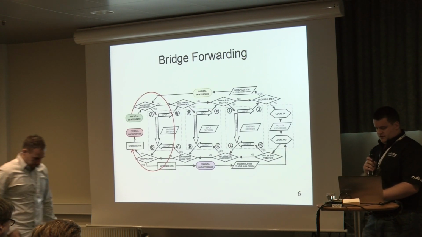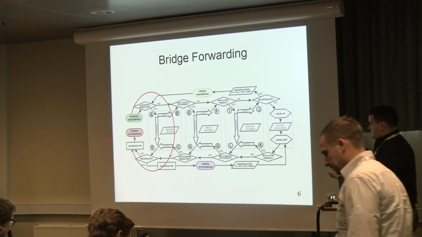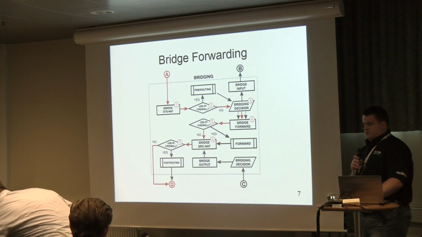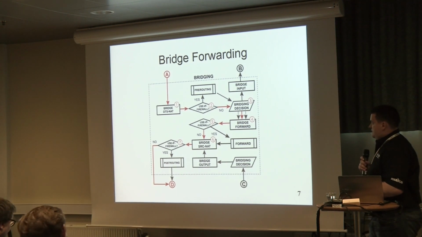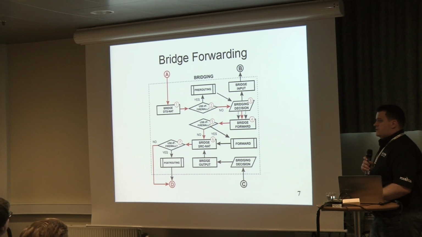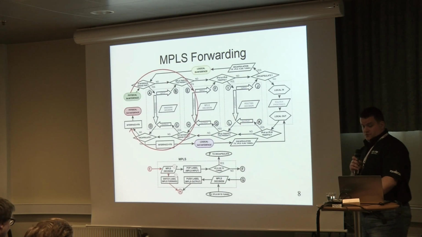Just to illustrate, simple bridge forwarding goes through the diagram like this. In fact, if you look deeper, there are 7 steps that simple bridge forwarding has to proceed through in RouterOS. If we go for MPLS forwarding, it's the next big box.